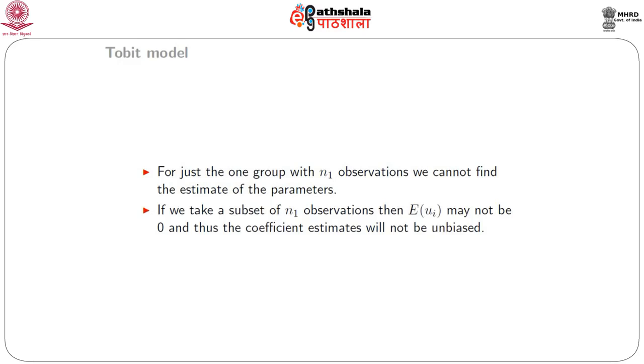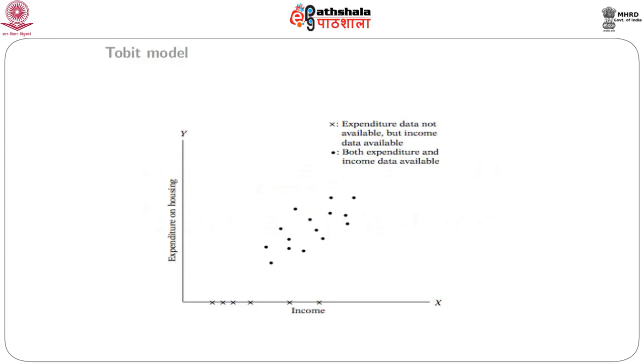We cannot estimate the regression using just N1 from the first group, and this is because if only N1 observations are used, then the expected value of ui may not be 0, and without the expected value of ui equals 0, the estimates of the coefficients cannot be proved to be unbiased. And when we find the estimates of a regression parameter, our idea is to find an unbiased estimator and a BLUE, which is the best linear unbiased estimator having the minimum variance among the class of unbiased estimators for the regression estimates.